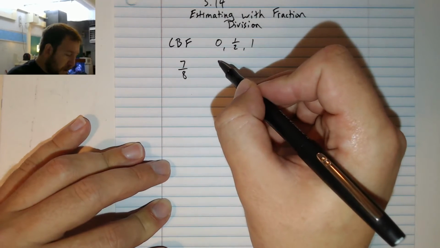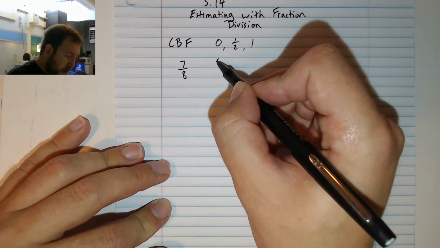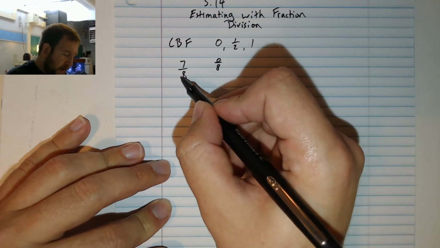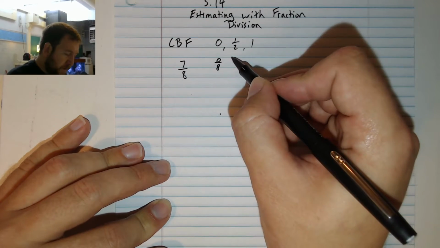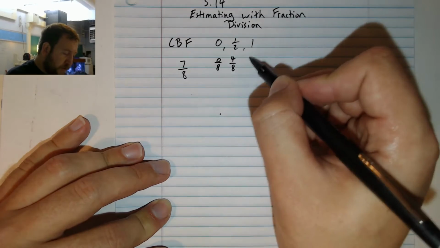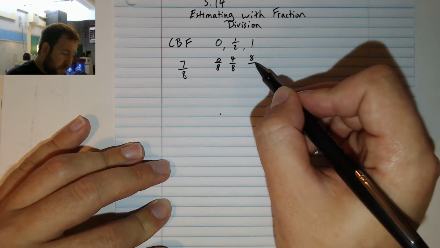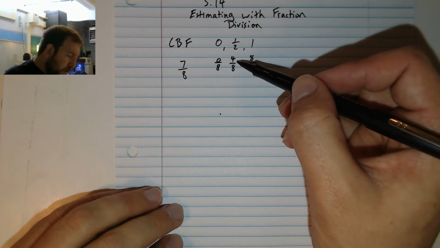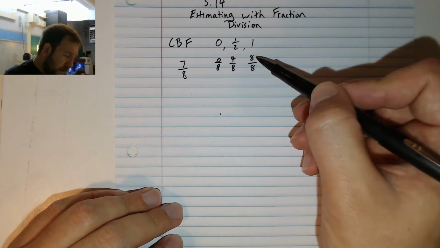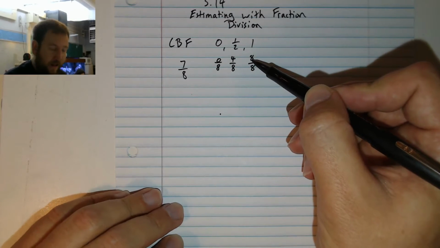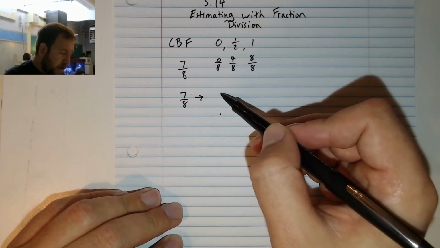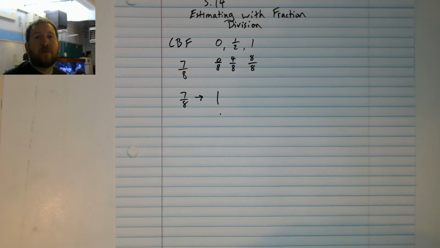For example, if I was using eighths, I could say 0/8 is the same as 0. For a half, I can take half of my denominator, 4/8, and for 1, I can do the full fraction. My numerator and denominator are the same. So here, I can look, 7/8 is definitely closest to 8/8, so I can approximate 7/8 into a 1 whenever I am doing my estimation or approximate work, right?